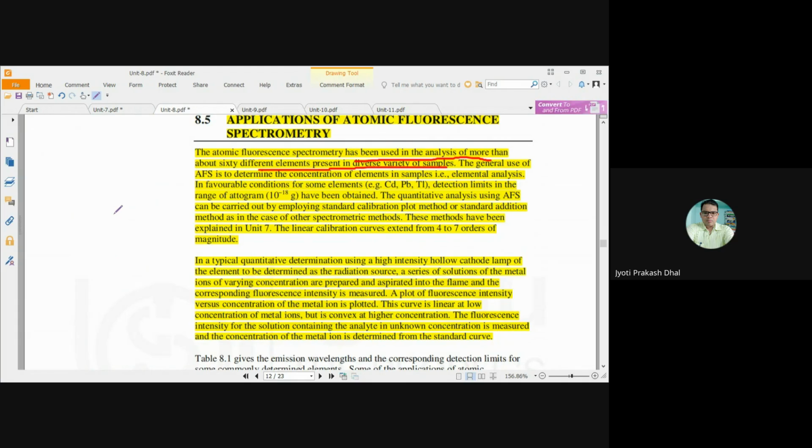In favorable conditions for some elements like cadmium and lead, detection limits in the range of 10 to the power minus 18 gram have been obtained. Quantitative analysis using AFS can be carried out by employing the standard calibration plot method and the standard addition method, as in the case of other spectrometric methods.